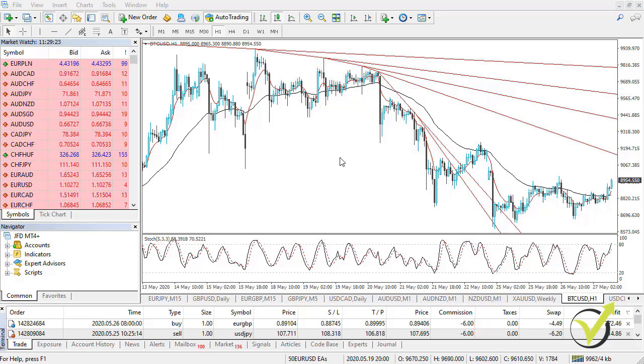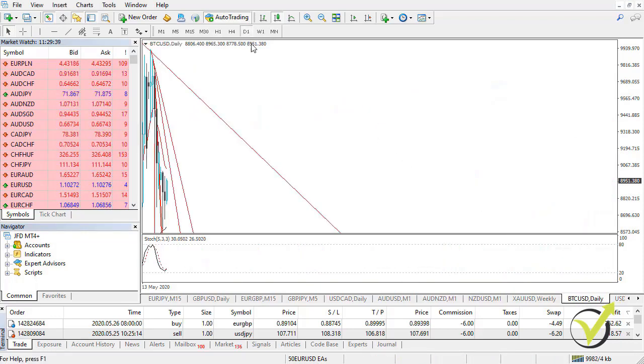Okay, so what you see here is the Bitcoin at the current moment. I don't have open trades with this strategy. I have some others with Forex currencies, but here are the counter trend lines and the trend lines. So first let's start from the trend.